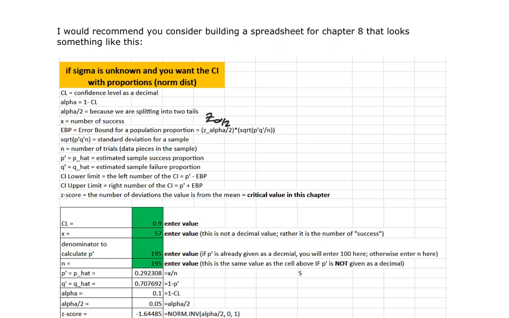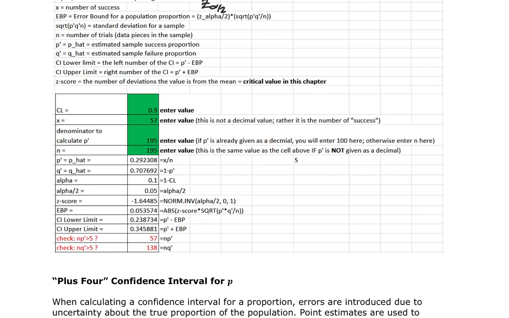Now, this is the only thing that's slightly different. If they give you something like 57 out of 195 and they don't give you a p hat, you can put it over here to the side like we did in chapter 7 with the calculator, so you can just plug this in, or you can add these extra things, which is 57 out of 195, and then this calculates my p hat.